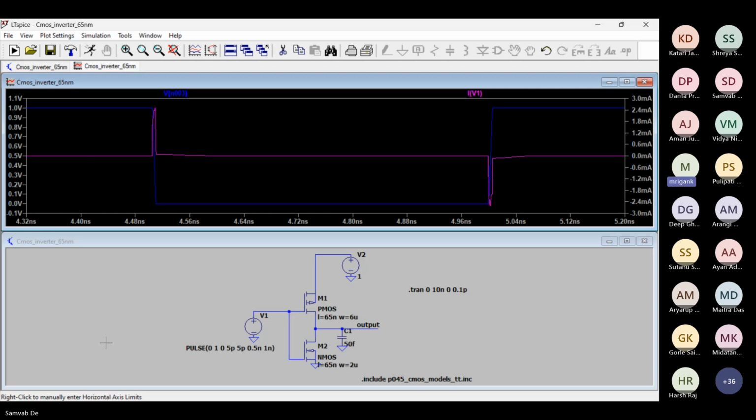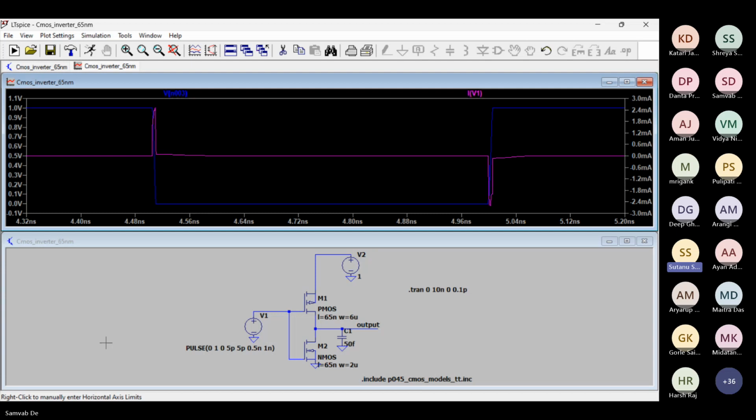Now, how do we explain this? What is causing this current? The source to gate capacitive coupling. So what is that coupling doing? When the input signal is going from high to low, the current will flow from the VDD to the capacitor, charging it.